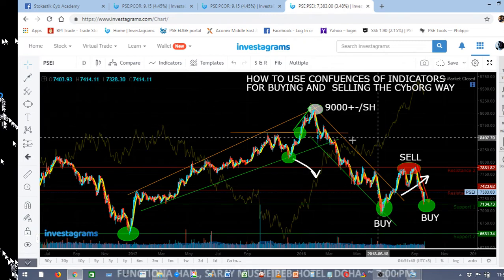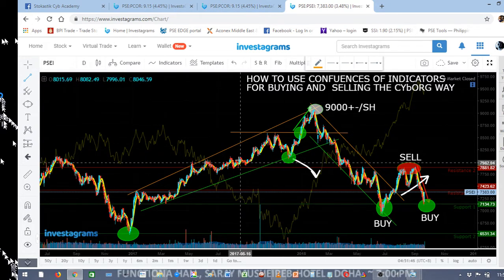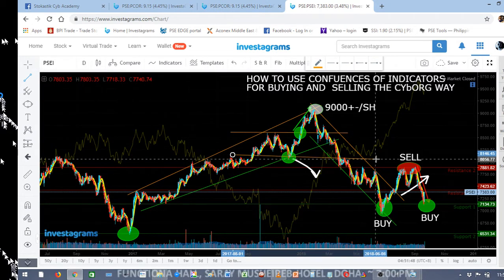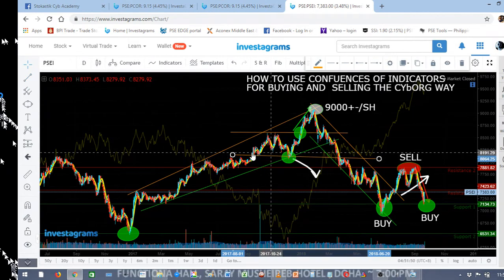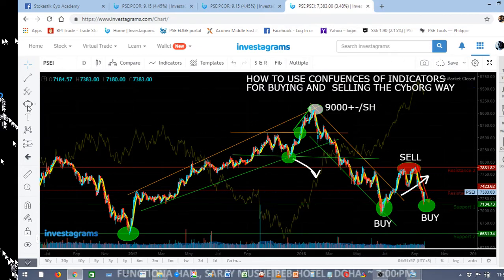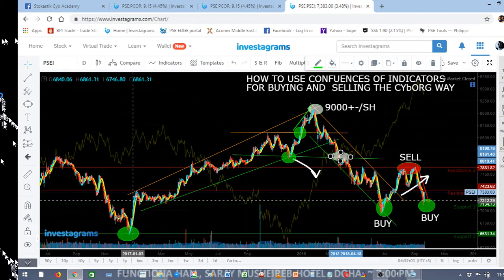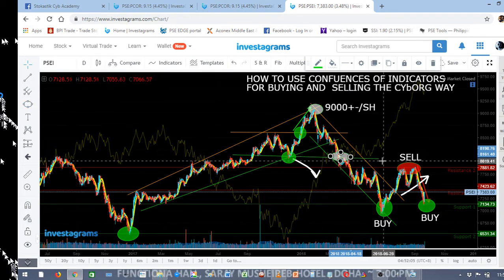So when you have identified your support trend line on this particular area, this is your support trend line, this line. What will you do if the candlestick pierces down below this support line?